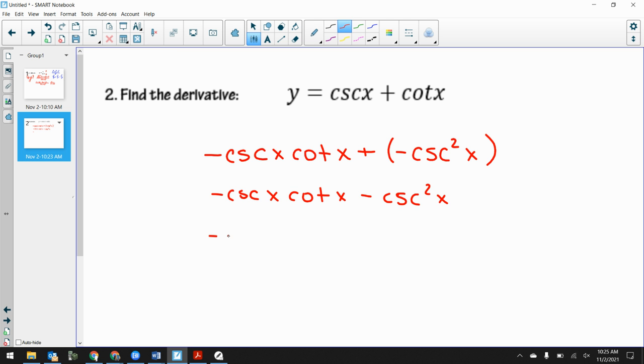Let's factor out a negative cosecant times cotangent x minus cosecant x. Ooh. Can I do anything with that? Is there any trig identity that has cotangent and cosecant with it? Yeah, no, regulars, just the squares, right? So I'm good, I think.